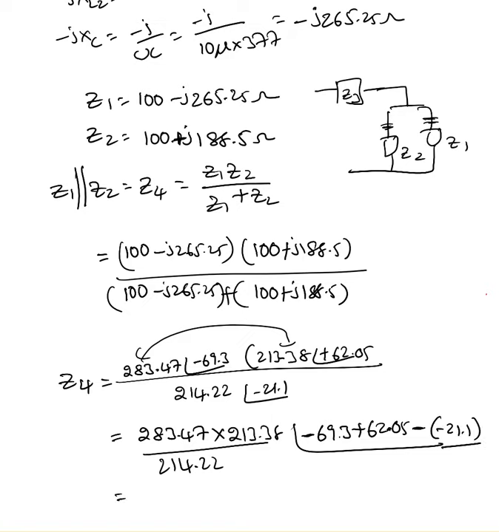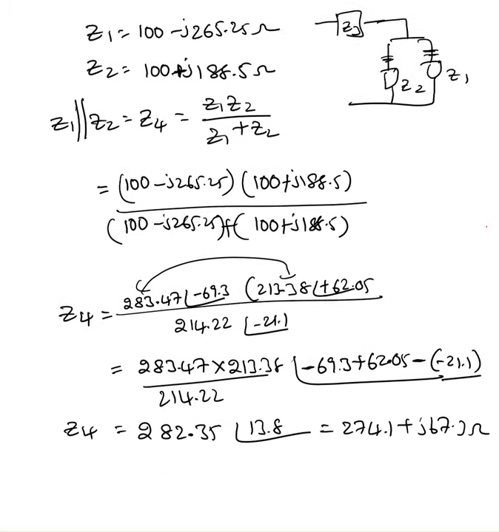After solving this, I end up with 282.35 at an angle of 13.8. That is 274.1 plus j 67.3 ohm. This is not Z total, this is basically Z4.